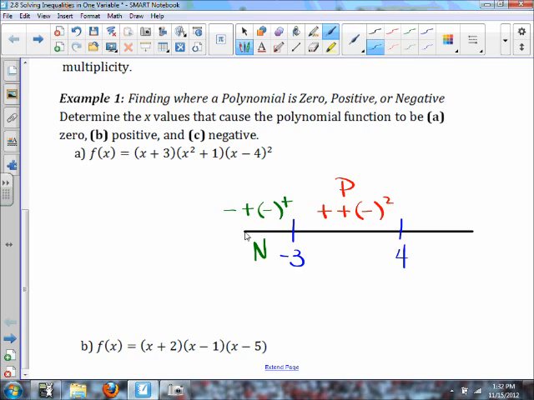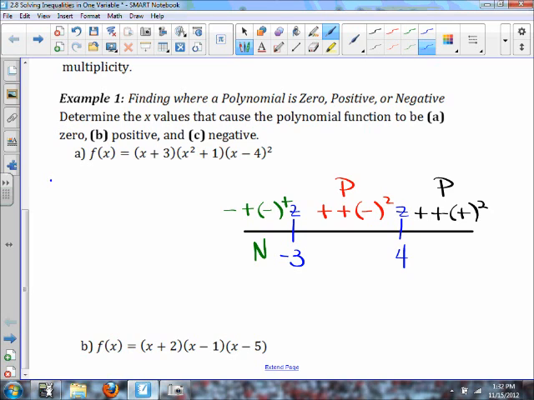Now, in the fourth region, for a number greater than 4, I'm going to put that in here, I'll get a positive. In the middle term, I'll get a positive. And in this last term, I'll get a positive squared. So that will be a positive region there. Now I know that negative 3 is going to be a 0 and 4 is going to be a 0.